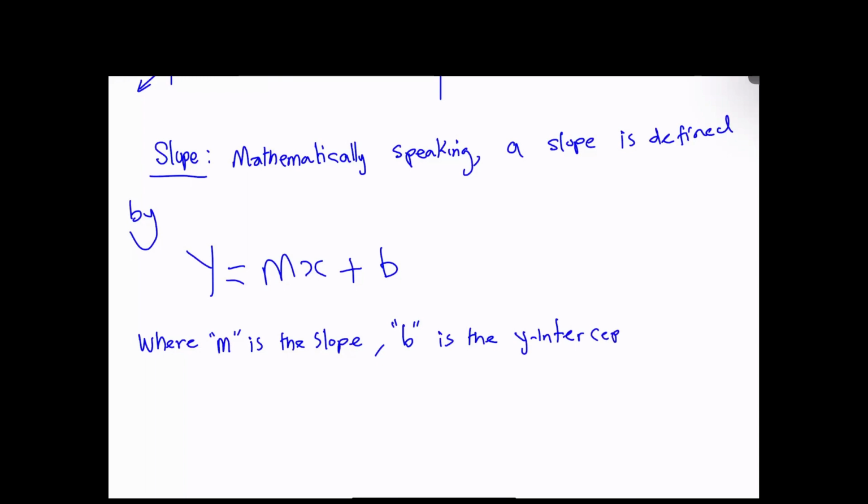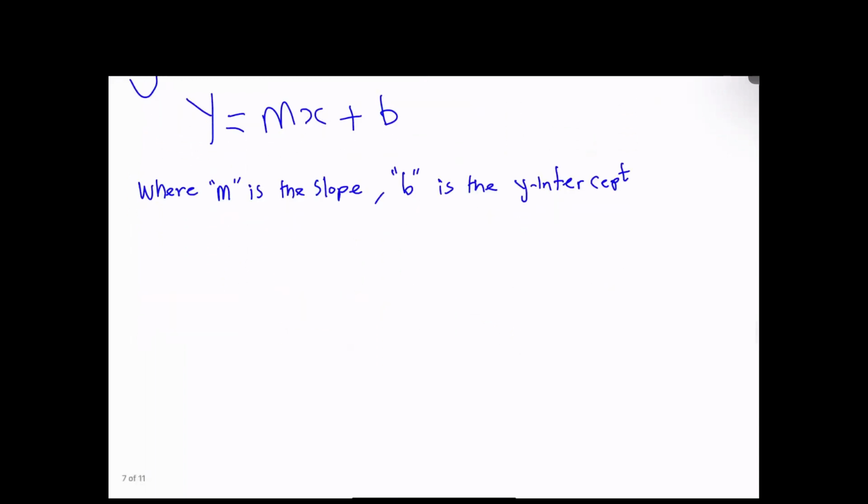Just like I always say, a picture speaks louder than words. I like pictures. It helps my students understand very fast and saves me the stress of explaining for too long. So this intercept right here is your b, the b I'm talking about. The m is how steep the line is.